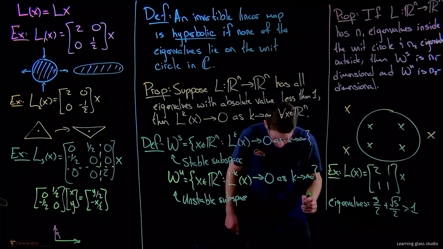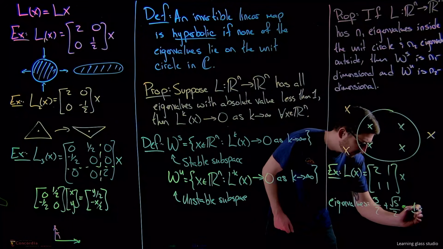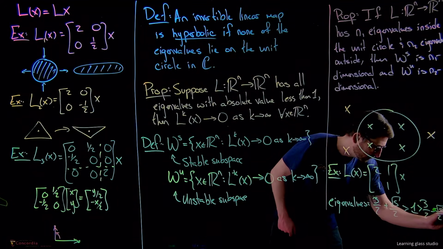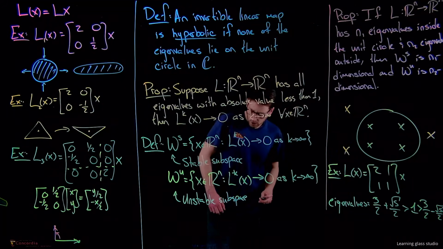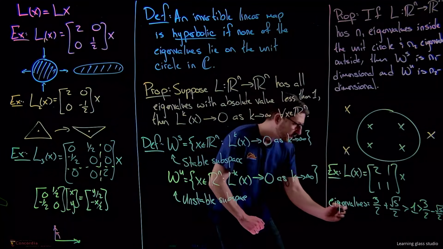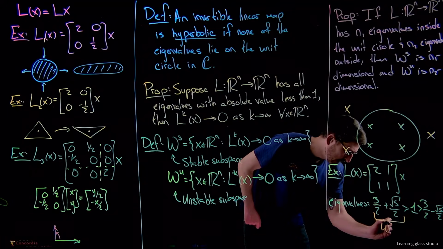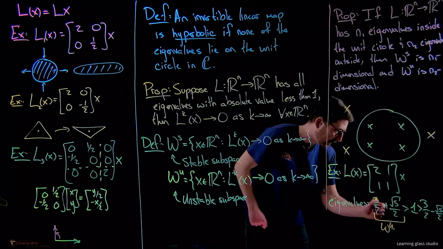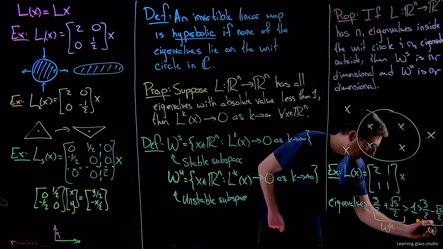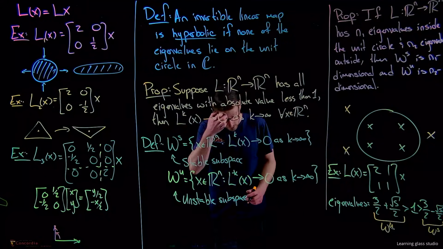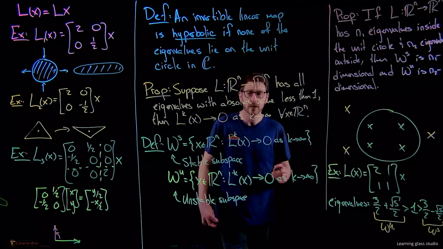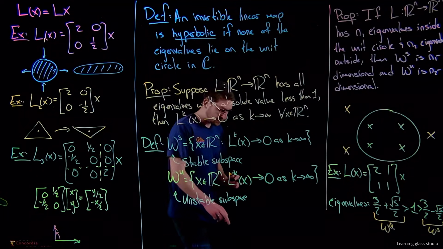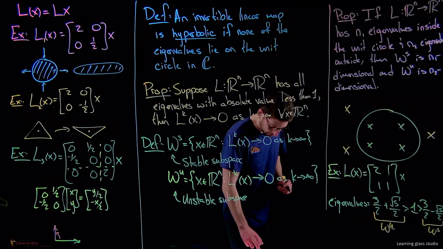And then the other one is between 0 and 1, which is 3/2 minus the square root of 5 over 2, which is positive. So effectively, the unstable space is one-dimensional, coming from this eigenvalue, and the stable space is also one-dimensional, coming from that eigenvalue. This is a hyperbolic matrix. It's invertible. It has a one-dimensional stable subspace and a one-dimensional unstable subspace.